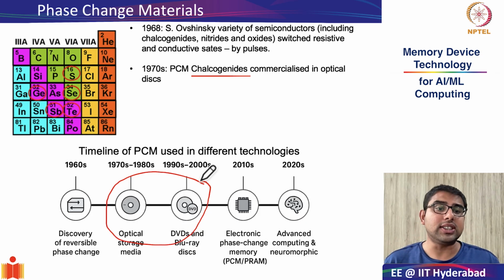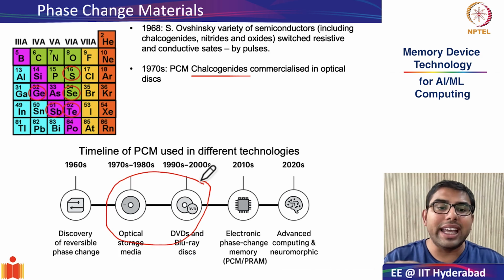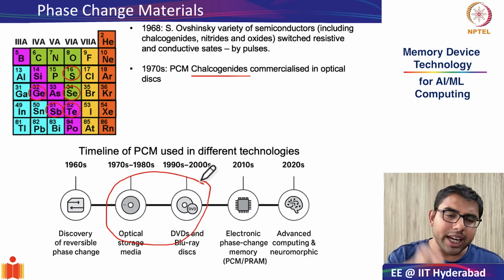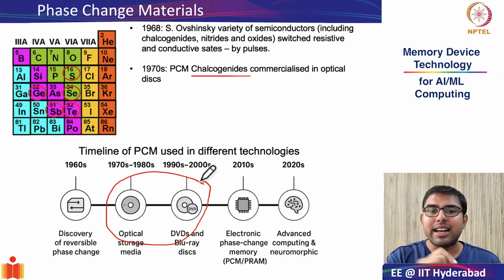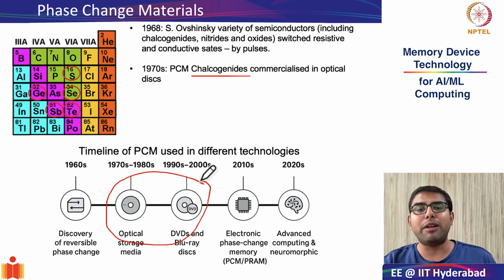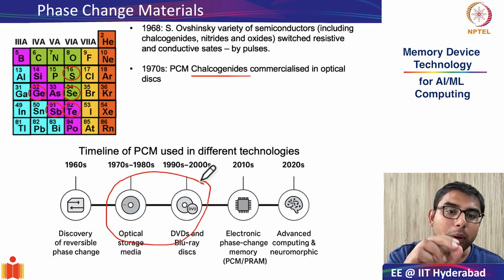In these optical discs, first you coat the entire material with a crystalline chalcogenide material which forms the erase state. Now to do programming, you apply very short pulses of 10 nanoseconds, and what you do is you melt the material and convert that crystalline material into amorphous phase.